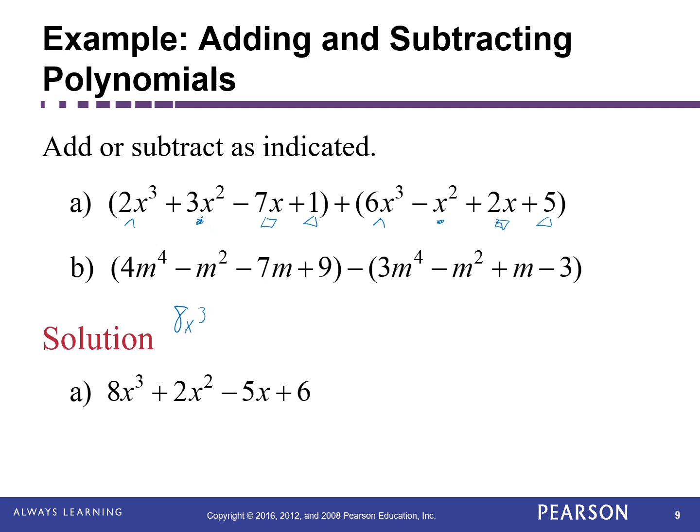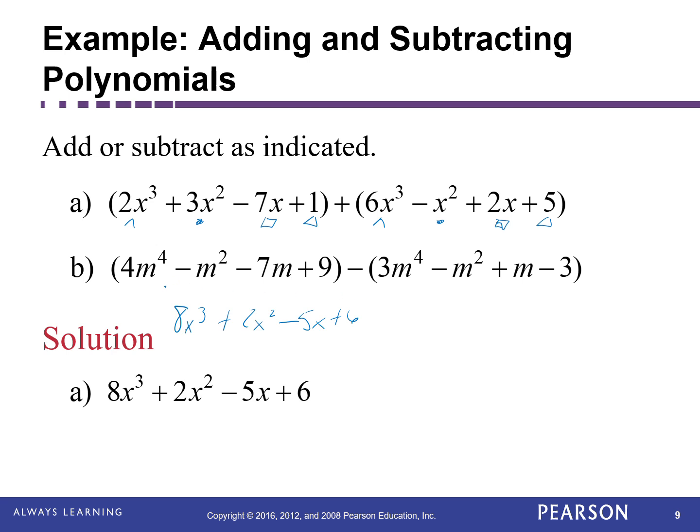Okay. 3x squared minus x squared, so essentially 3 minus 1 is 2x squared. Negative 7x plus 2x is minus 5x. And 1 plus 5 is 6. I have added as indicated.